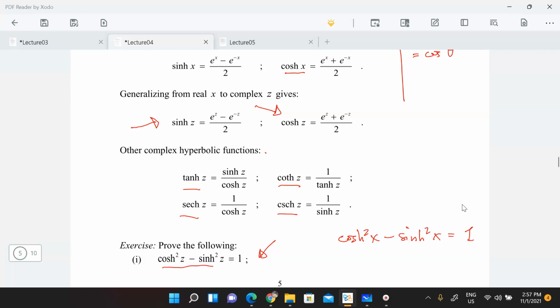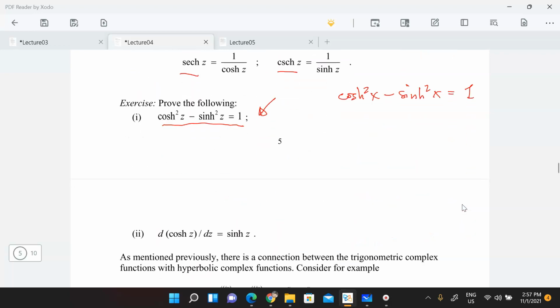You can also check that this is true now for the complex variable z. And again, if you're doing calculus, you know that hyperbolic cosine under differentiation gives you the hyperbolic sine. This is also true. These are just simple exercises where you plug in your expressions for cosh z and sinh z.